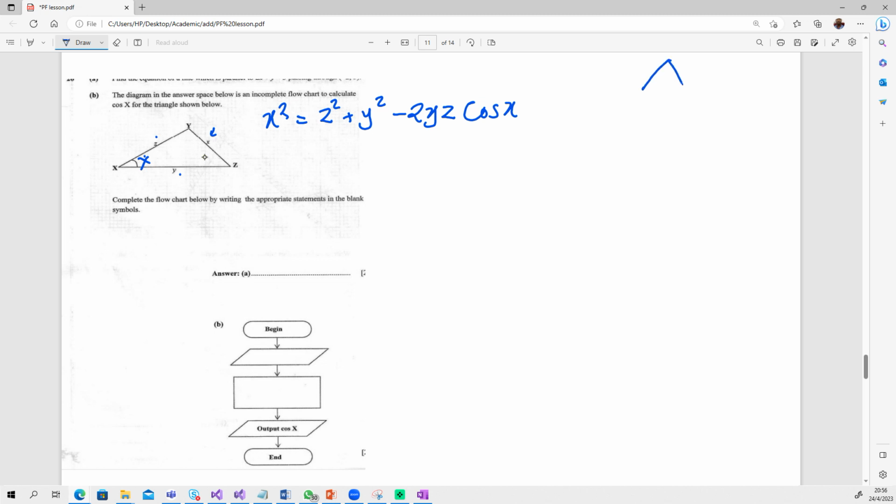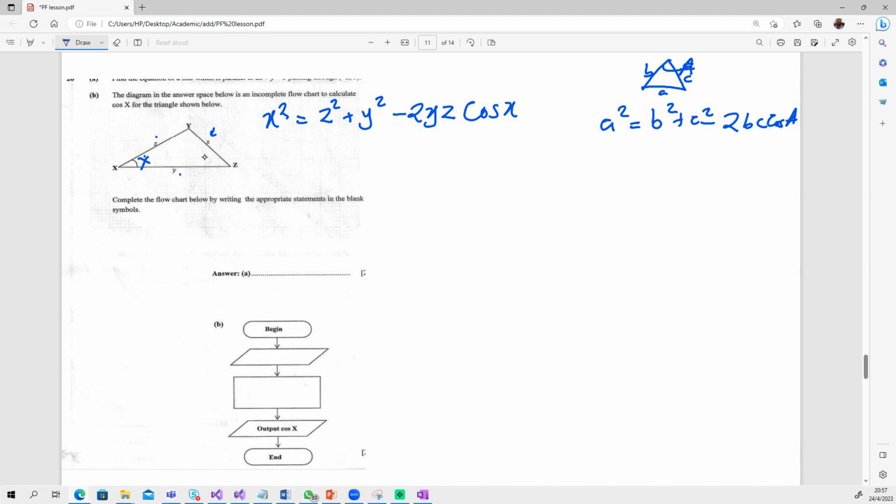If the triangle is like this, and this angle here was a, and this side was a, and this was b and this was c, we would simply say a squared is equal to the sides beside a, which are b squared plus c squared, minus 2bc multiplied by cos of the angle itself, a. That's the basic idea here.